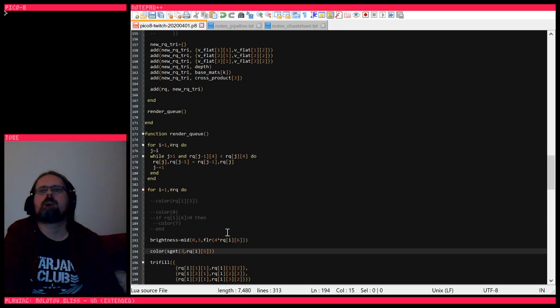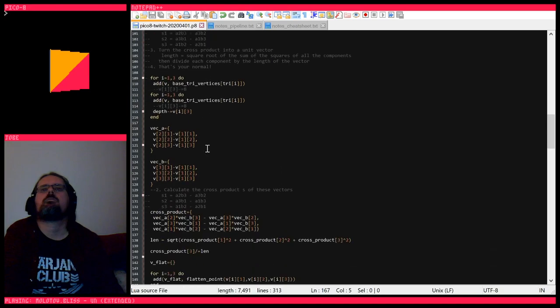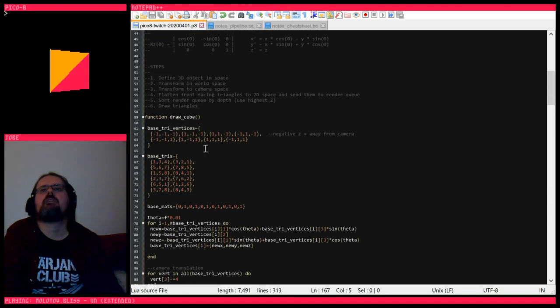So now we should have something resembling shading here. Yes, we have something resembling shading here. It doesn't work for some of the triangles, I think because they're not clockwise. So let's try to fix that.